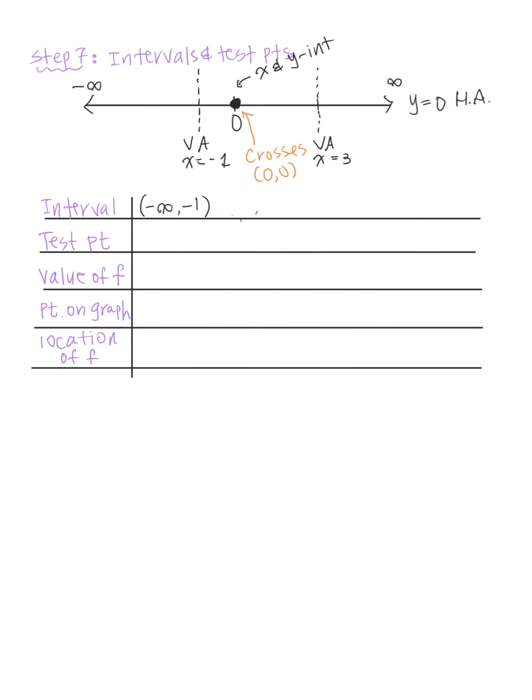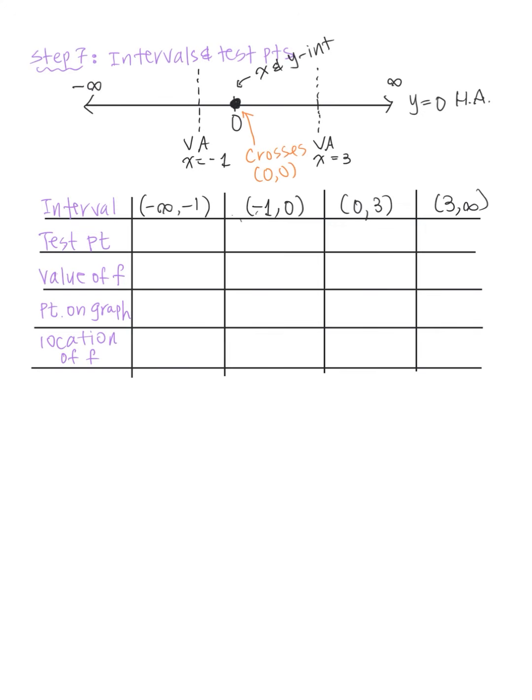And the next interval, so remember, here's the vertical asymptote, and then I know for sure the graph is going to cross here. So I want to analyze the interval from -1 to 0. And then next I want to evaluate from 0 to the second vertical asymptote, which is 3, and then 3 to +infinity. So here are the 4 intervals we're about to analyze.